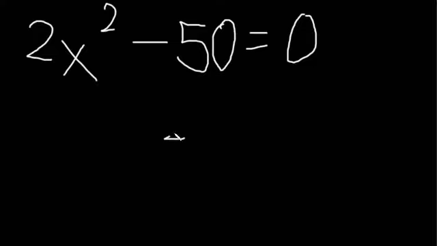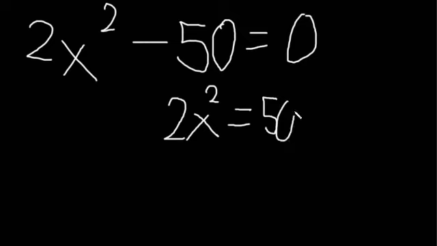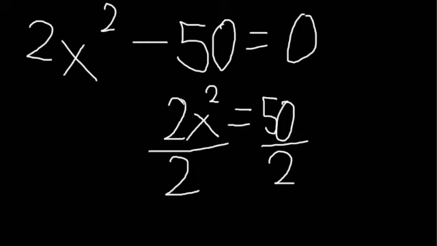Alright, if you got the answer x is equal to positive negative 5, you are correct, because we first transpose 50, so that 2x squared is equal to 50, and then we divide by the coefficient of x, which is what? That's right, 2.